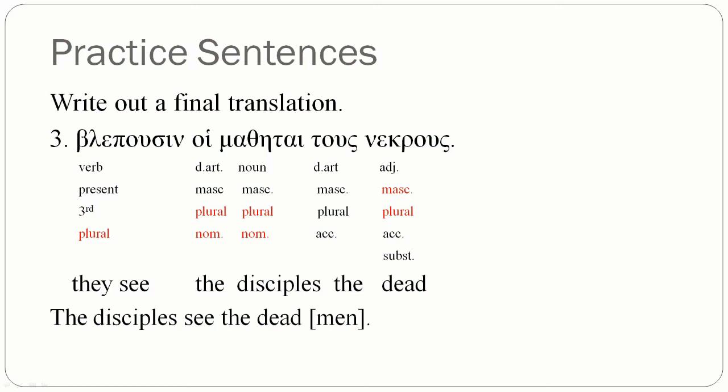In the case of necrus, that is masculine and plural. Because it is masculine and plural, we can supply the word men. Right? The disciples see the dead men. Okay, and the men is understood, because it's a substantive adjective and the adjective is masculine plural.